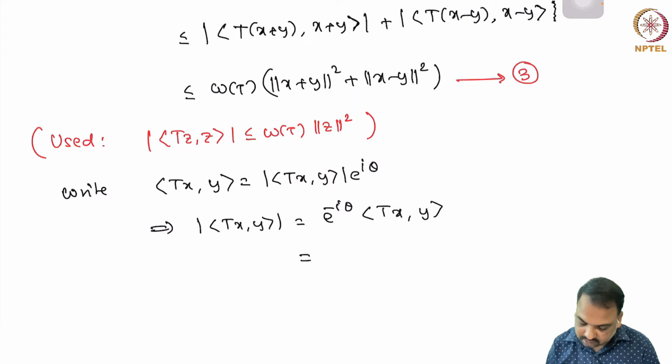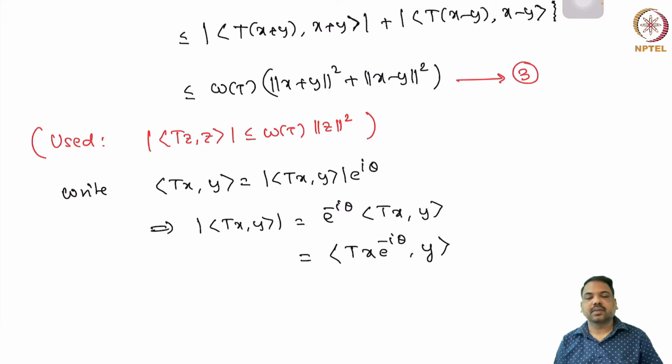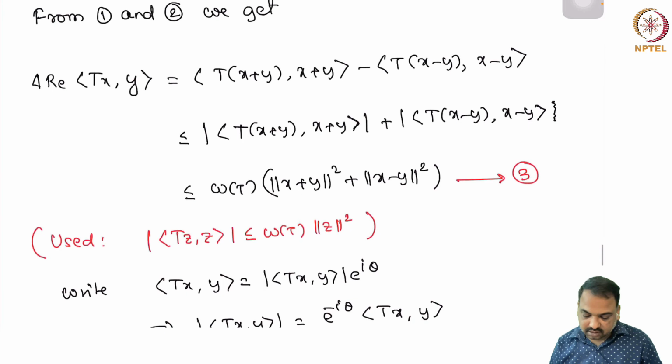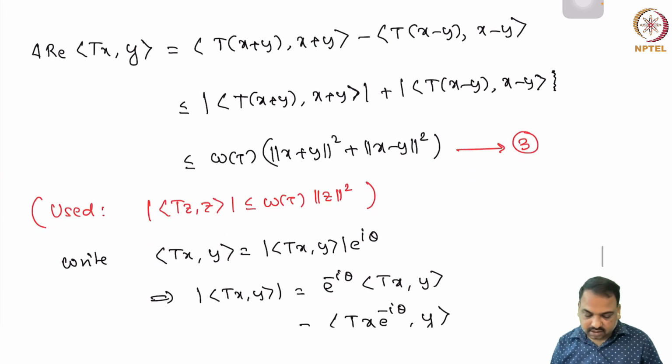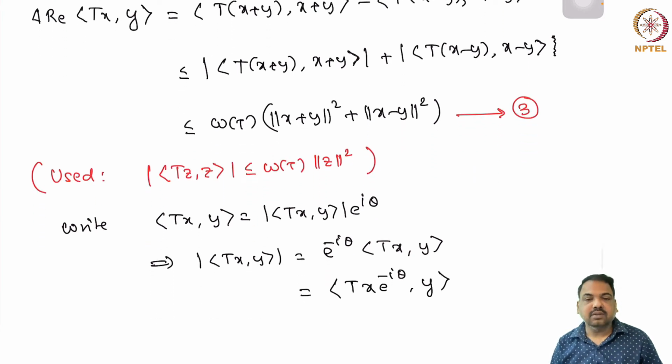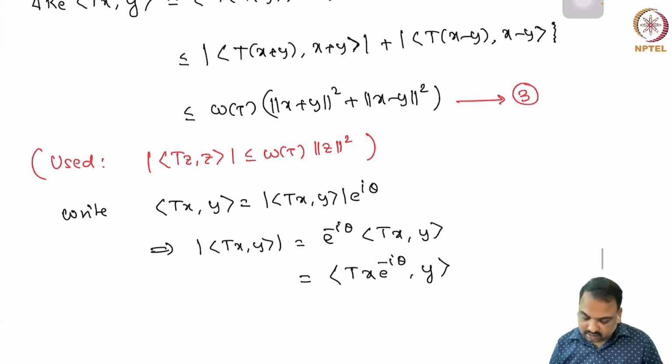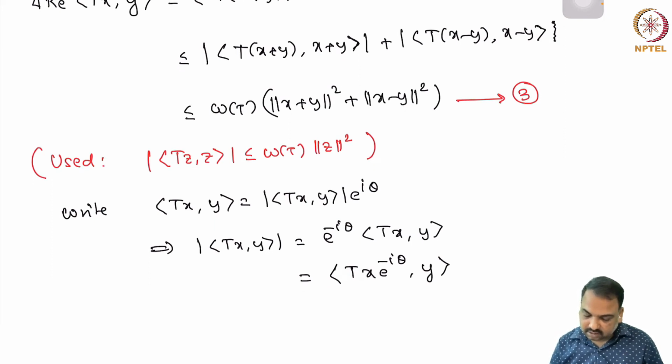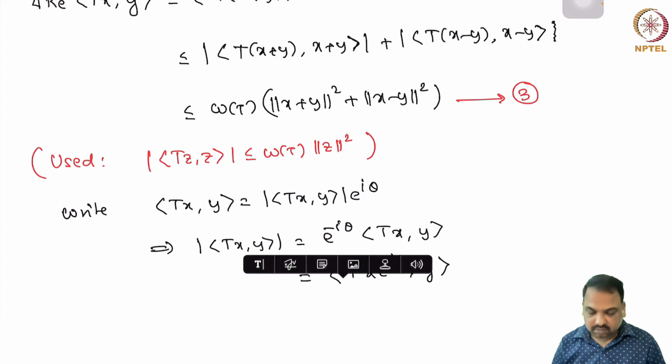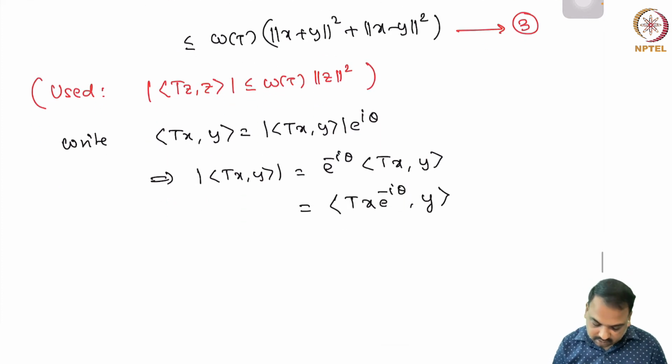So we can say this is inner product T of x e power minus i theta with y. Okay, so if you replace x by x e power minus i theta, then we can write inner product Tx with y as modulus of inner product Tx with y.